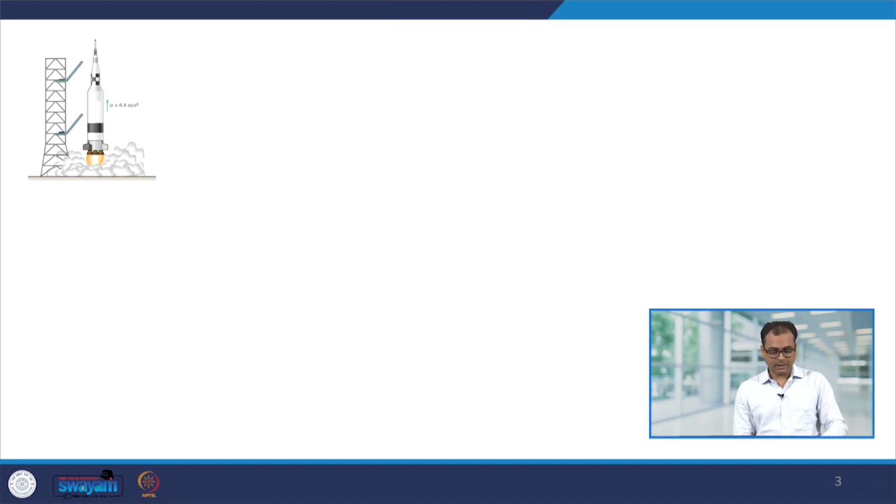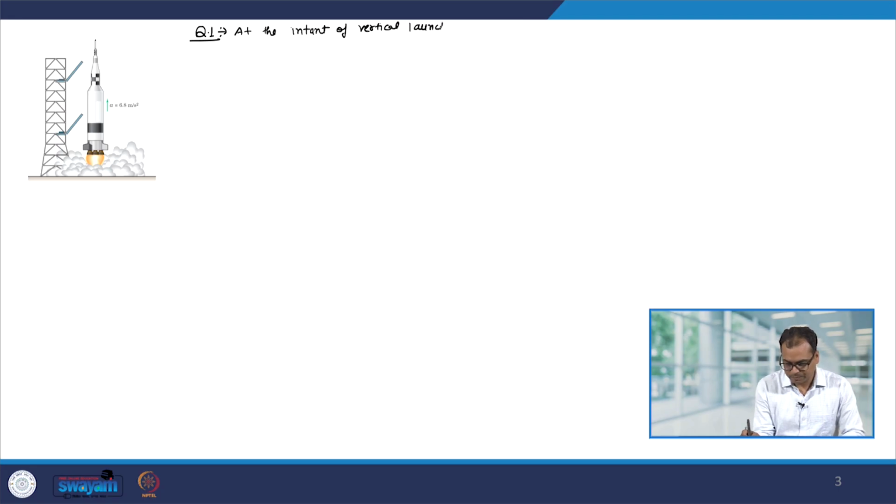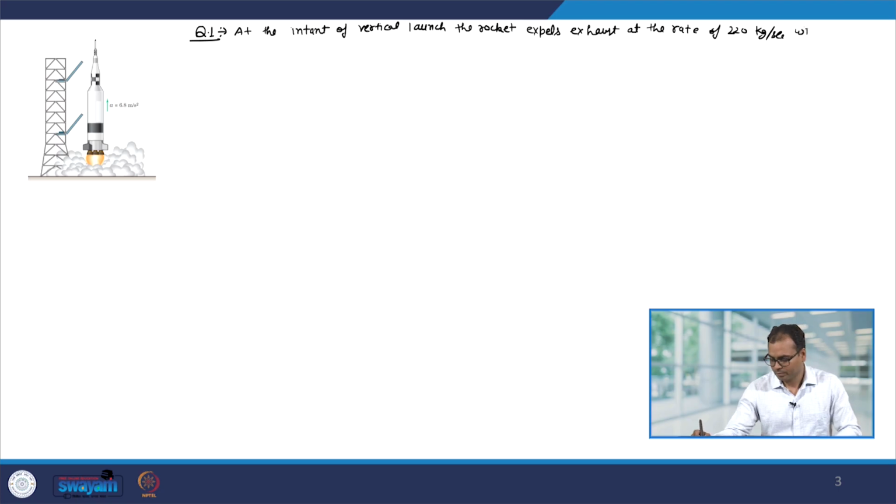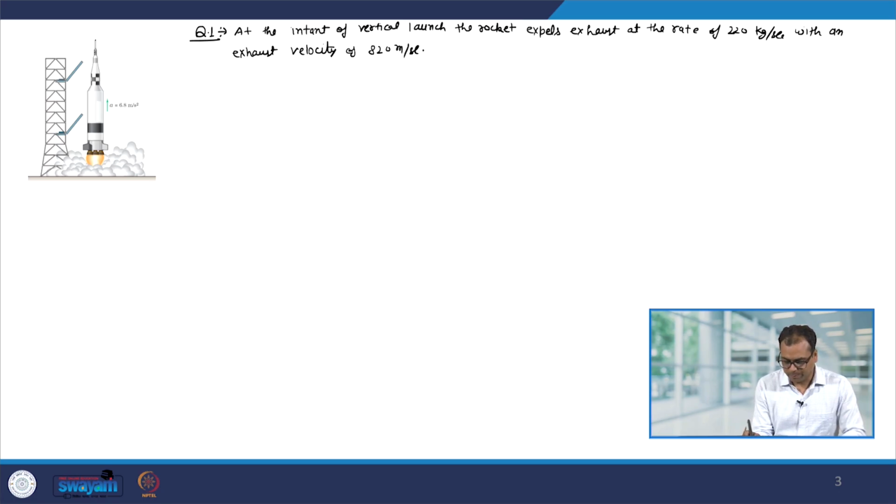The first problem statement is the following: at the instant of vertical launch, the rocket expels exhaust at the rate of 220 kg per second with an exhaust velocity of 820 meter per second.